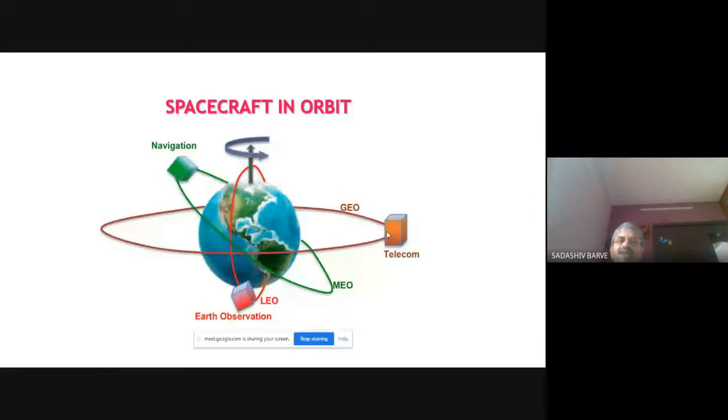There are certain satellites nowadays flown for navigational purposes in inclined orbits also.